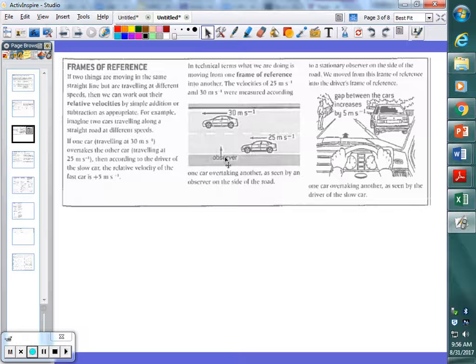The one thing to keep in mind is that even though the frame of reference may change, that doesn't change the motion of the car. This car is still moving at the same velocity regardless of how we describe it. It doesn't change the motion, it just changes how we describe that motion.